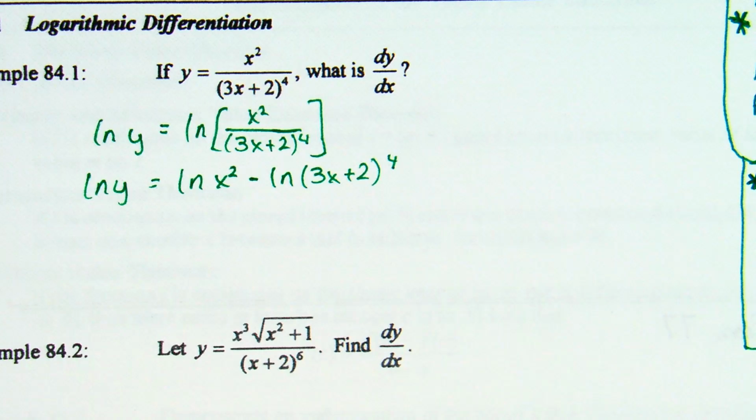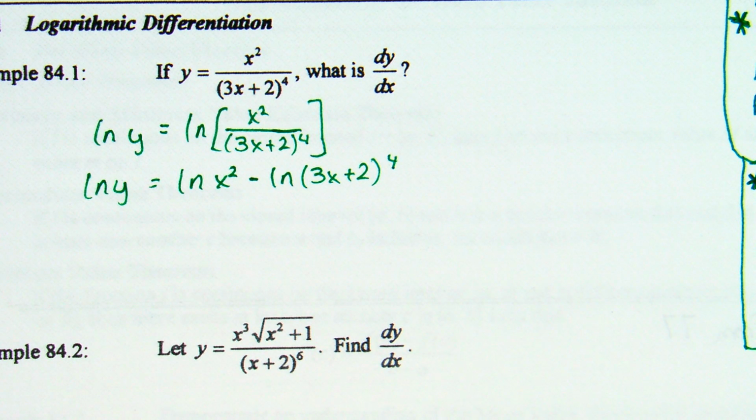Okay. There's another log rule we can apply right now. We're stuck with the natural logs till we take the derivative. Powers is my hint. Oh, okay. So move the squared out in front of the element and move the 4th out in front of it.